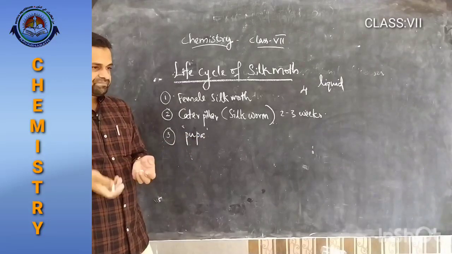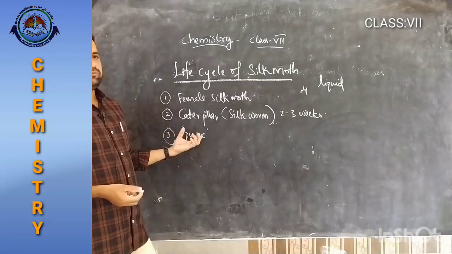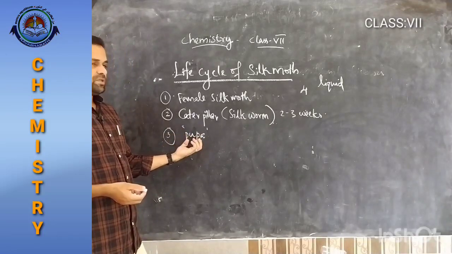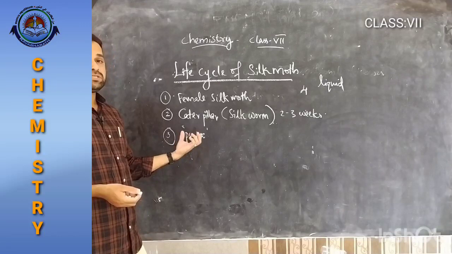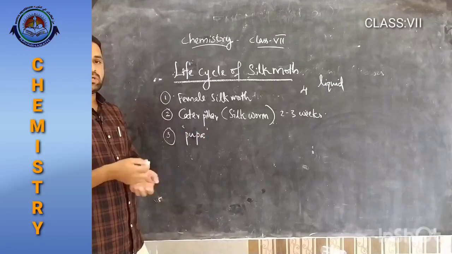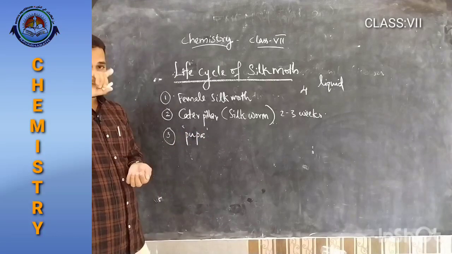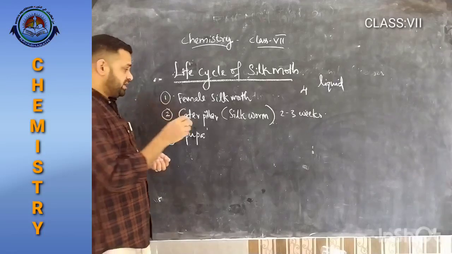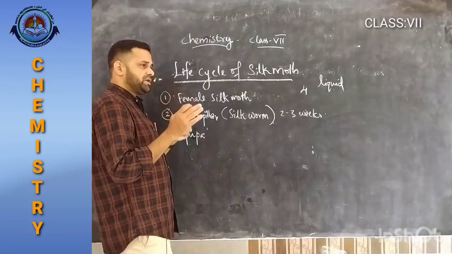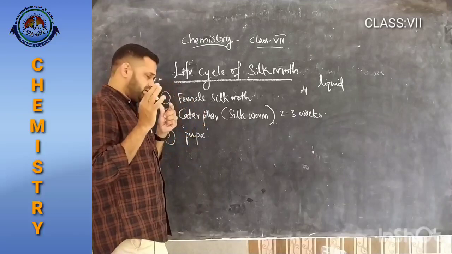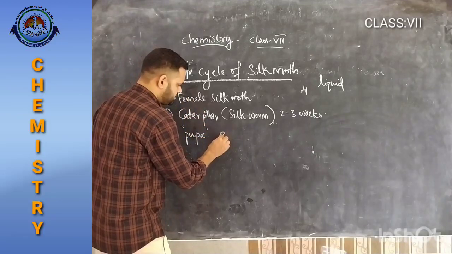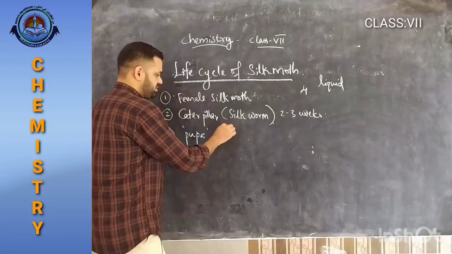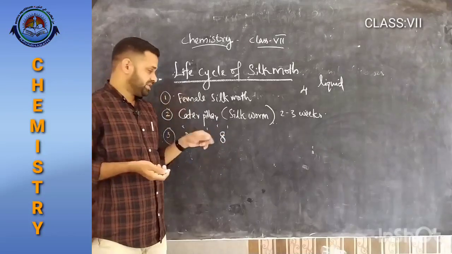And then each silkworm, after reaching the pupa stage, begins to spin cocoons by moving its head in a particular pattern, exactly like the digit 8.